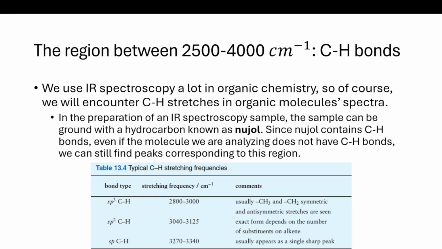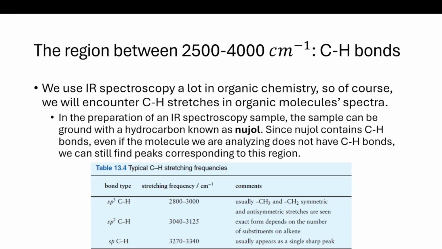Now, let's go straight into this first region that involves bonds to hydrogen. We use IR spectroscopy a lot in organic chemistry, of course. Since we're dealing with organic molecules, no kidding, we're going to witness a lot of CH stretches.